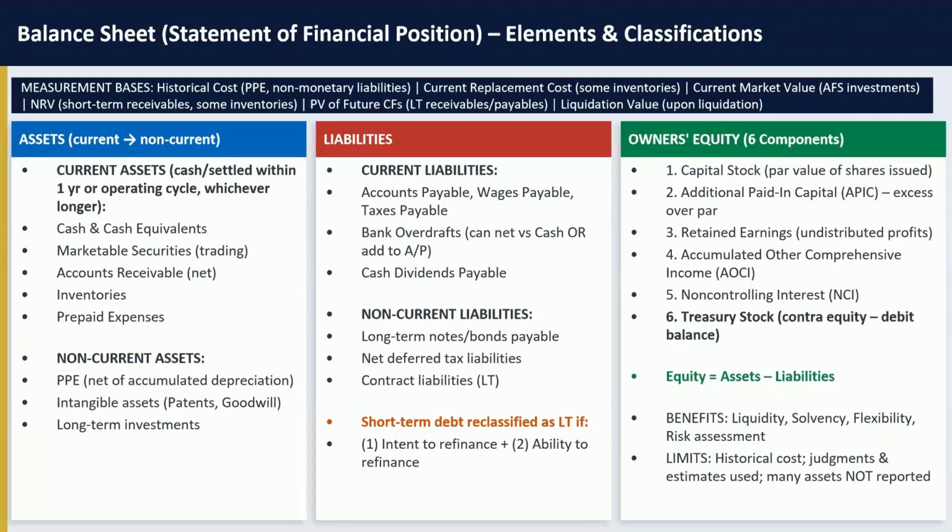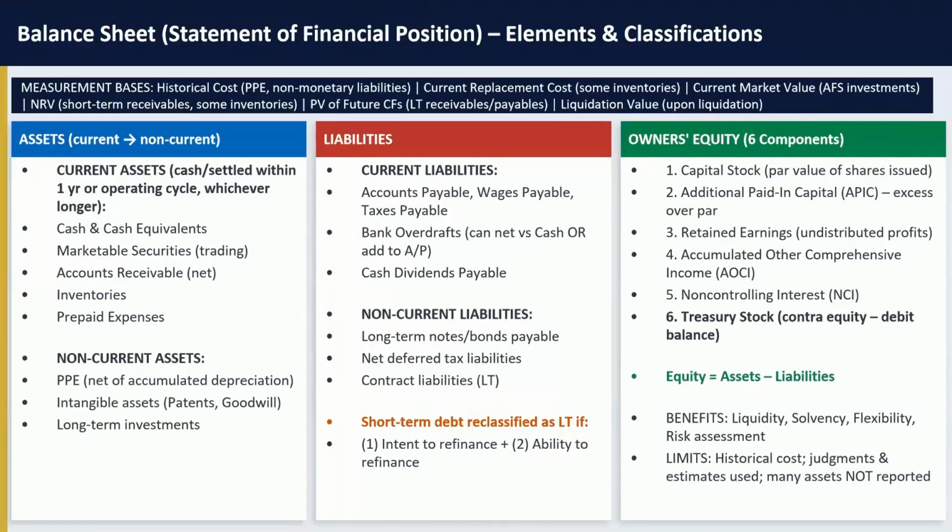You can go to some other bank or financial institution and take a long-term loan for 5 to 6 years for the same 30,000, and you can use that to settle your short-term debt. Now you're reclassifying your short-term debt into long-term debt. That is what happens in liabilities.